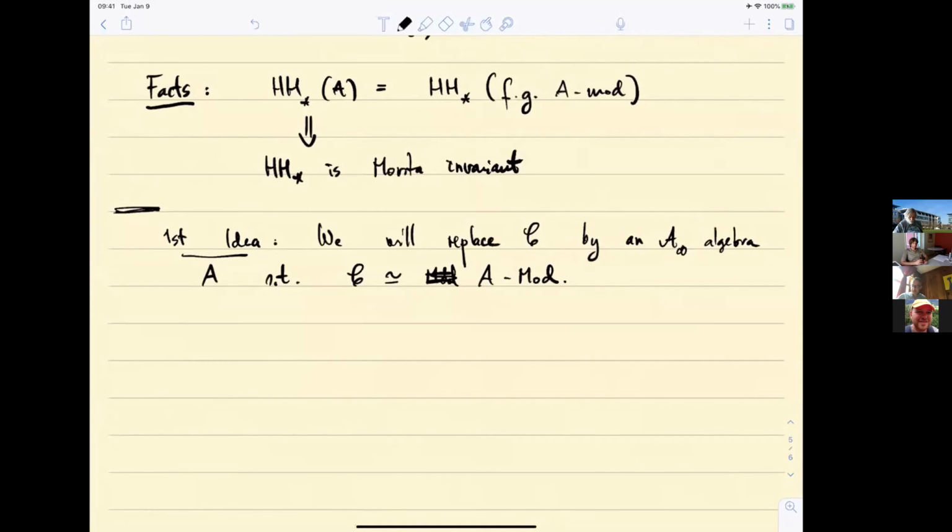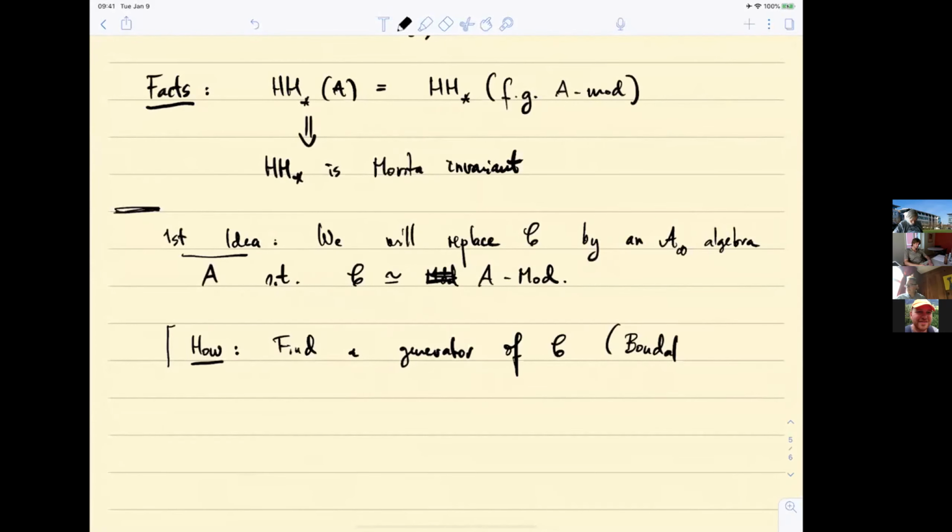Why is this possible? So as a side note, how? In theory, it's not hard at all. You find something called a generator of C, and by a theorem of Bondal-Van den Bergh, such a generator always exists, at least for smooth projective varieties.